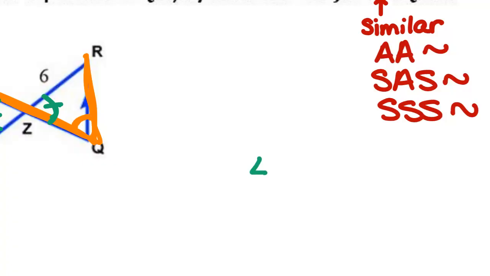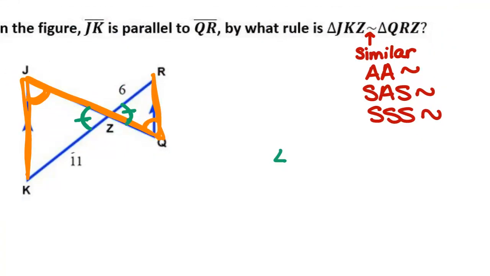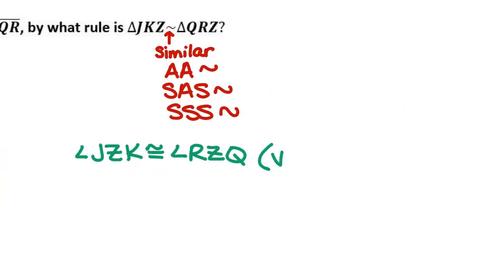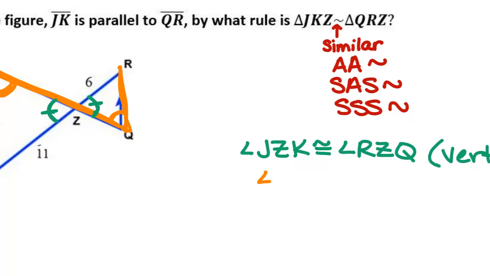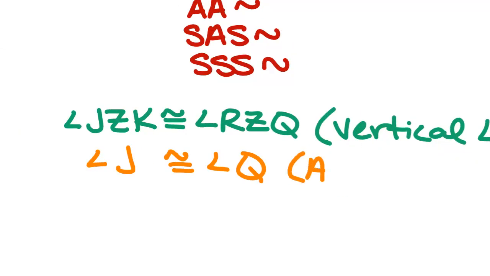So I can say that angle JZK is congruent to angle RZQ because they are vertical angles. Angle J is congruent to angle Q because they are alternate interior angles.